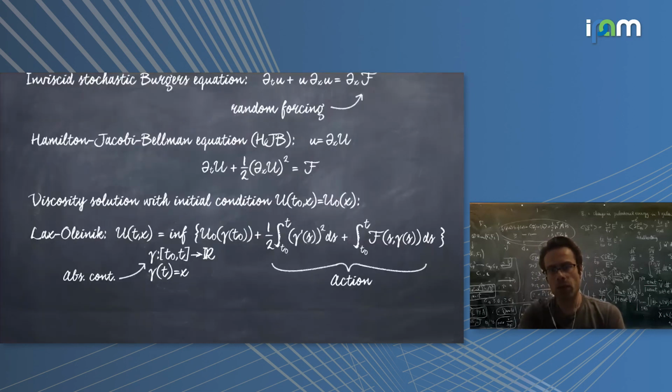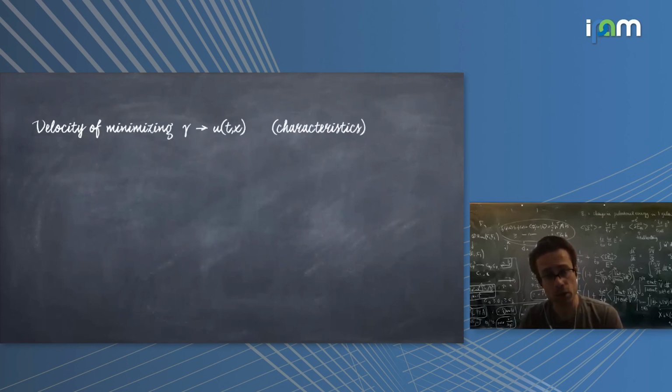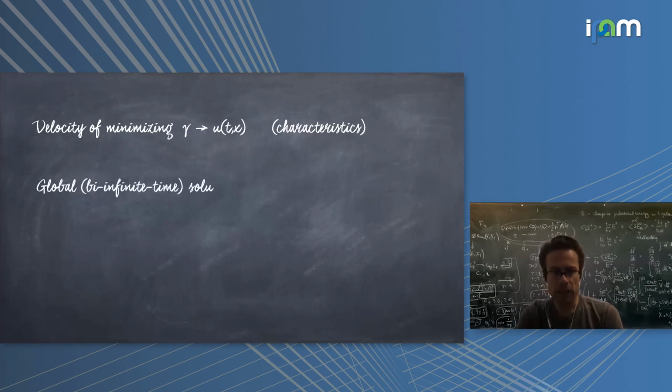The minimizing curves allow you to reconstruct the solution to Burgers equation. This is the method of characteristics: the velocity of the minimizing curve gives you the solution to the Burgers equation. What I'm interested in are solutions that I call global, but what I really mean is infinite in time solutions to the Hamilton-Jacobi or Burgers equation.